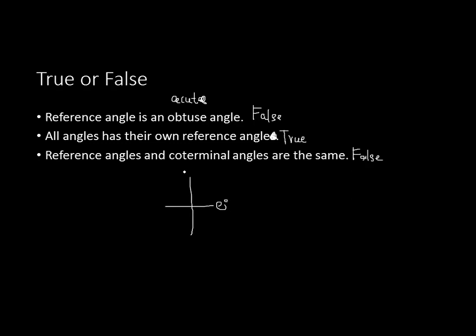If we rotate the terminal side in a clockwise direction, we have 0 degrees, negative 90 degrees, negative 180 degrees, and here we have negative 270 degrees. So if the terminal side is at this location, you either have 90 degrees or other coterminal angles of it, such as negative 270 degrees. These are what you call coterminal angles.